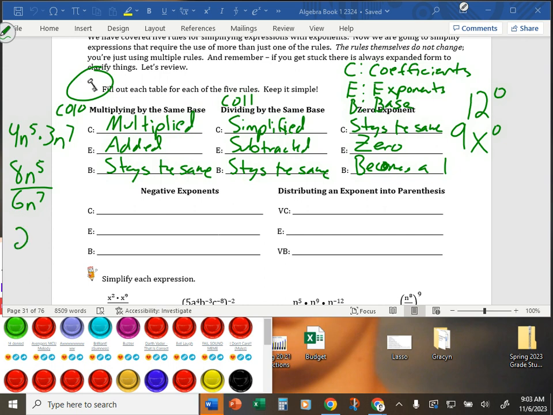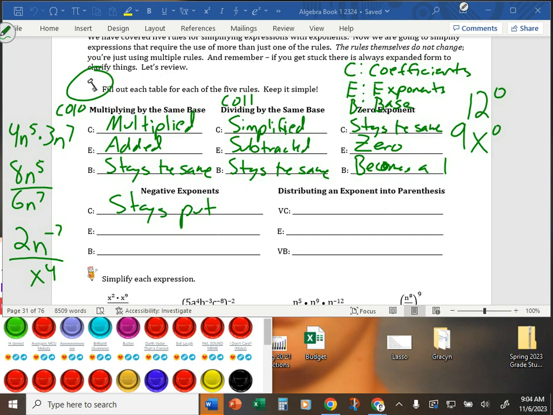Okay. Negative exponents. If you've got something like 2n to the negative 7th over x to the 4th, what's going to happen to that 2? It's going to go to the other side. It is not, because that 2 is a coefficient. The 2 stays put. The coefficients do not move. They are not affected by the negative power. It stays put right where it's at.